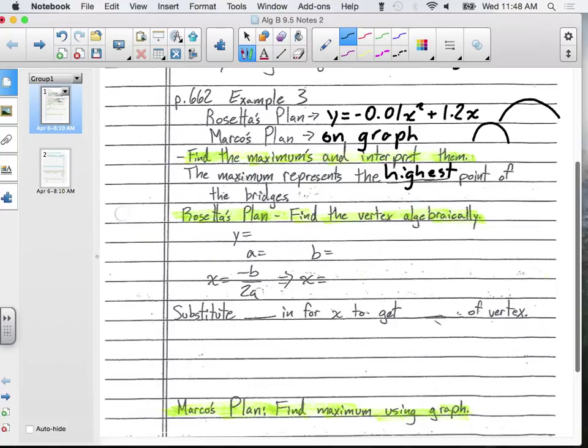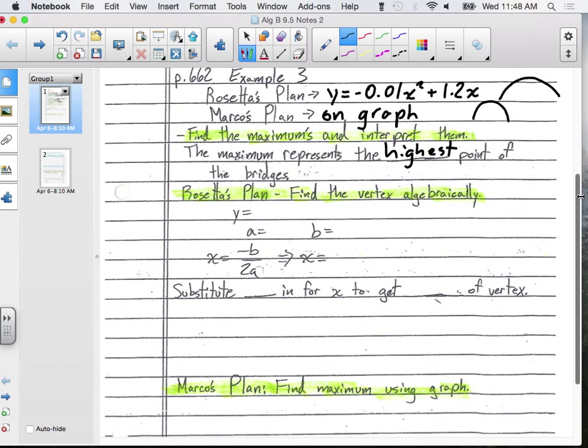So when we're comparing maximums for these bridges, what are we really comparing? The height of the bridges. We're going to be saying if Rosetta's bridge is going to be higher or Marco's is going to be higher. I think Rosetta's going to be higher. So you're predicting, yeah, okay? Alright.